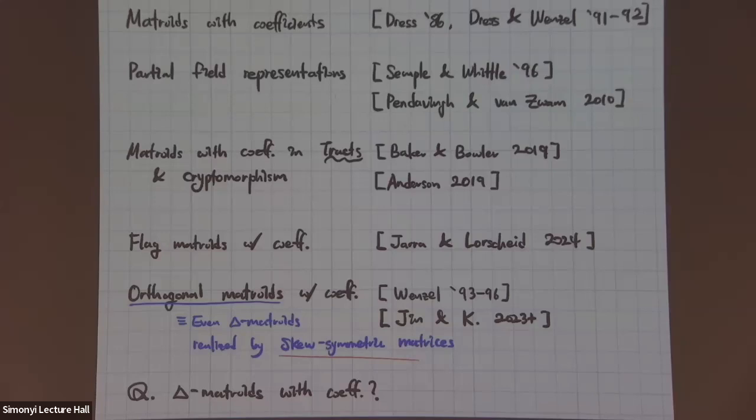One may wonder, then, how about symmetric matrices? Can we do something with delta matroid coefficients, since many people think of the delta matroid as a combinatorial counterpart of symmetric matrices? I will give a certain amount of affirmative answer to this question.